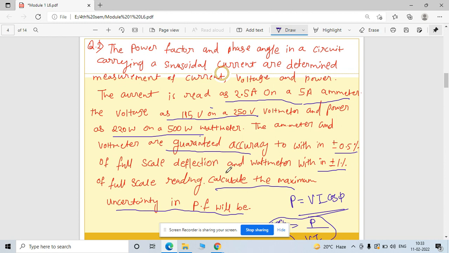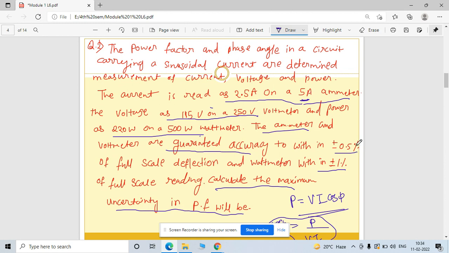So you need to find the limiting error here. Once you find the limiting error, that limiting error is with respect to your measured value, right? For the ammeter, the full scale reading is 5 ampere. For 5 ampere the guaranteed accuracy error is plus minus 0.5%. For the ammeter and voltmeter, both have guaranteed accuracy plus minus 0.5%.